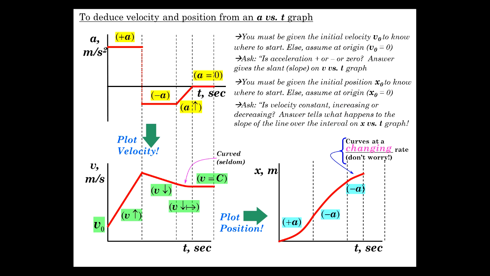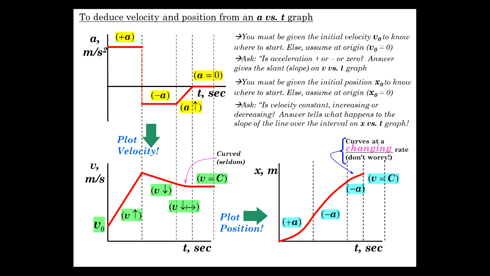So really what's happening is this is curving, and it's curving at a changing rate, which we don't have to worry about understanding the details of or visually showing it correctly. But I try to show this curving a little bit more here and then almost leveling out. At the end of the interval, the velocity is arriving at a constant value, meaning the slope is constant, meaning it's a straight line.